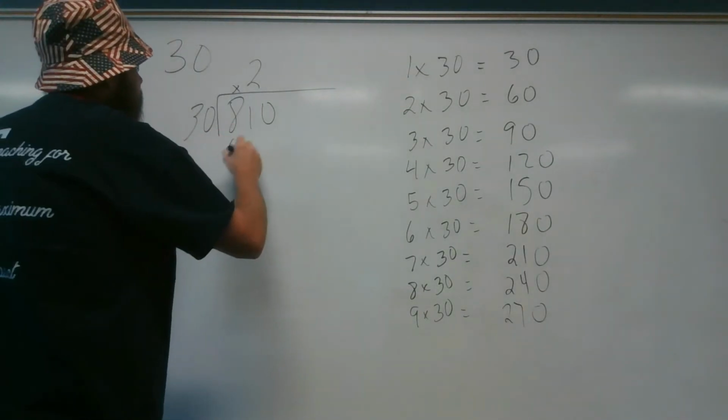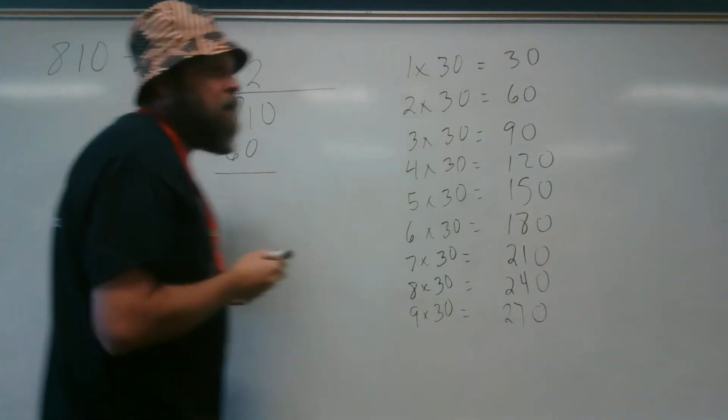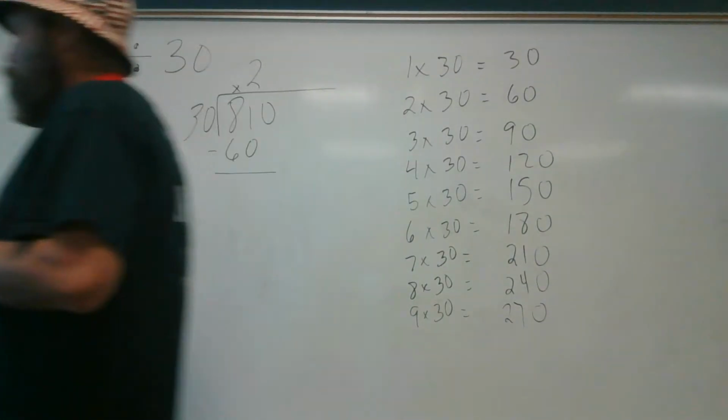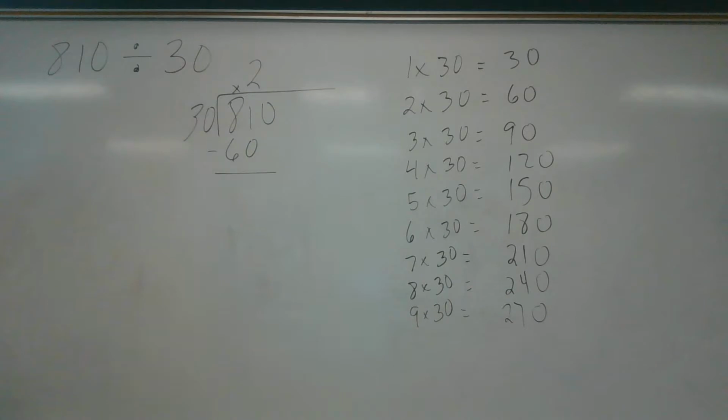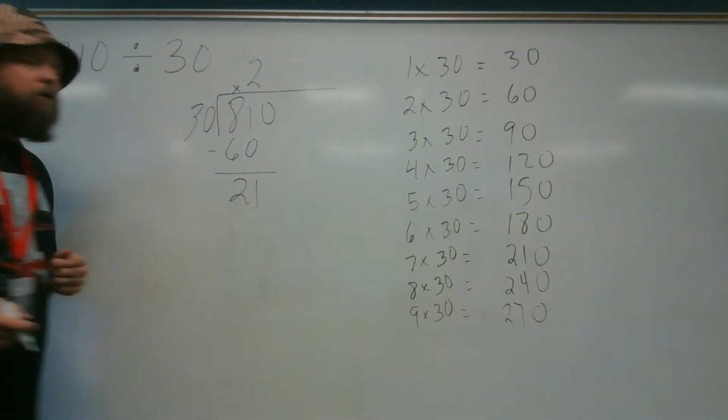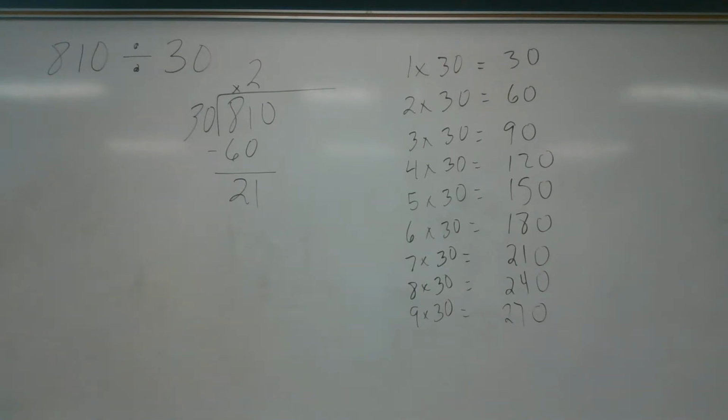So then I do this subtraction: I'm subtracting 81 minus 60, and Ian, what do I get when I subtract 60 from 81? 21. So 2 remainder 21, right, Victoria?